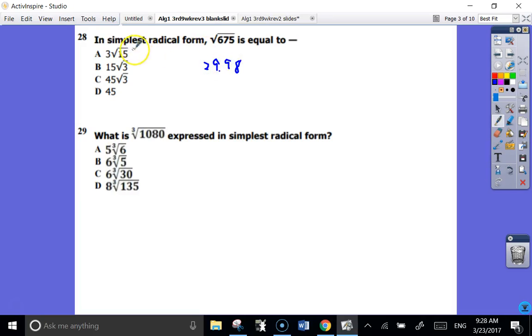Okay, now do the same thing for these and see which one has that same value. So this one here is 25.98.